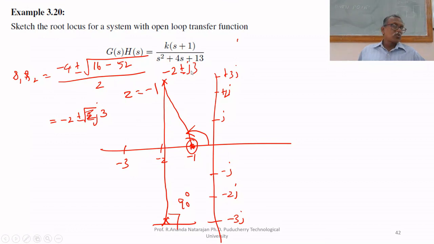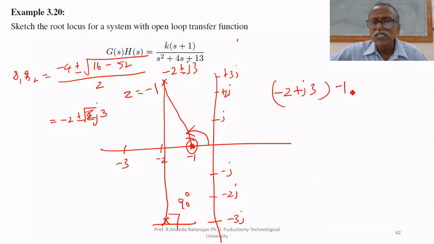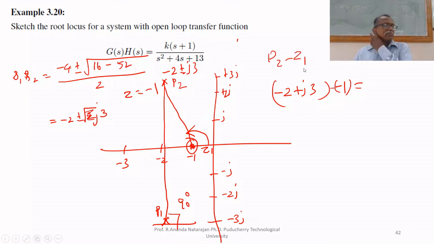Use the calculator. You follow what I am saying. Minus 2 plus j3 minus the zero at minus 1 equal to what? Subtract from this P2, this is P1. P2 minus Z1 equal to what?